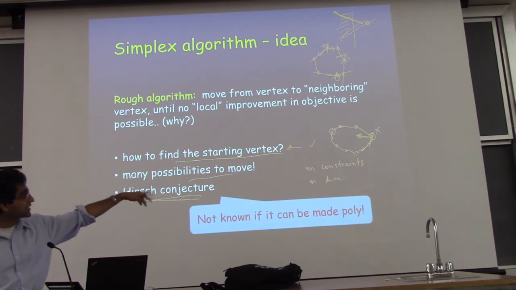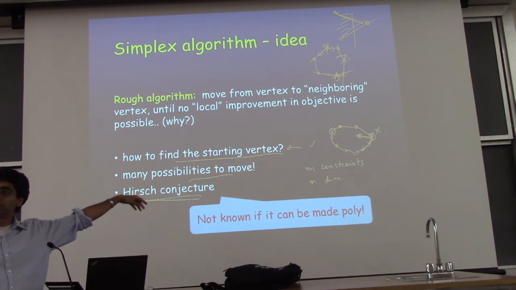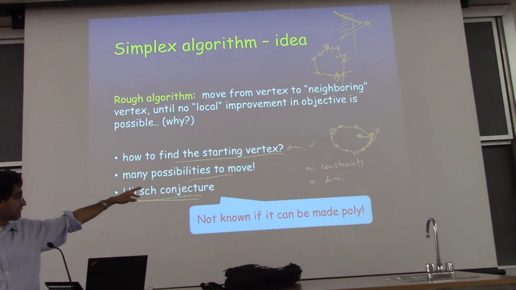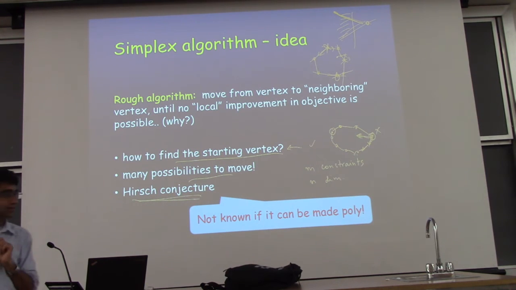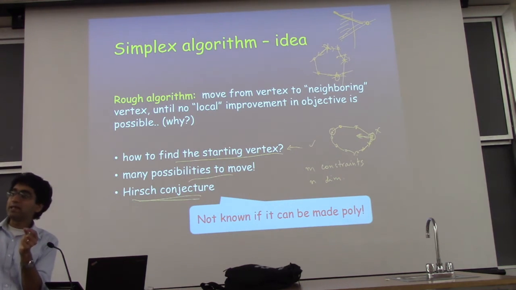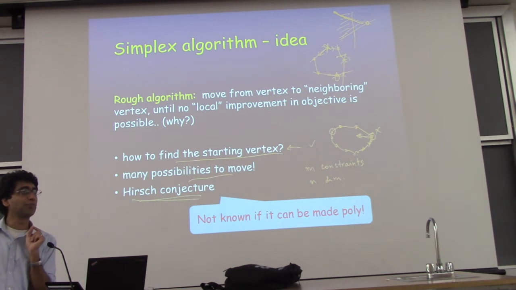This is the setting in which I said that there are m to the n over 2 possible vertices. Right? So this is the same setup. And the question is, if I take any two vertices, does there always exist a short path between them?